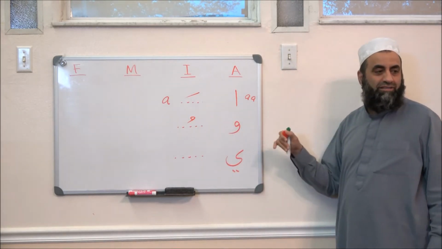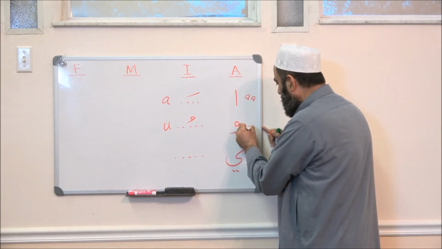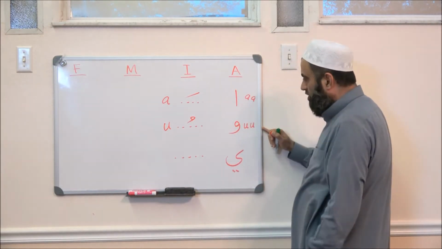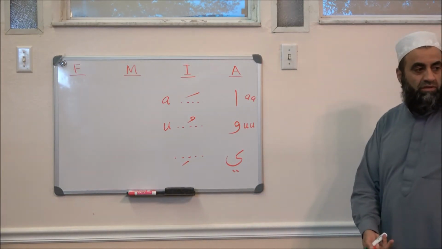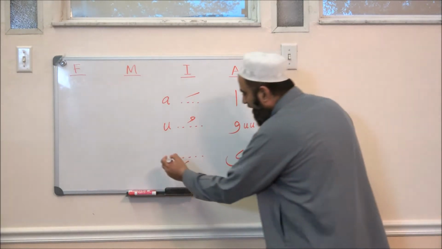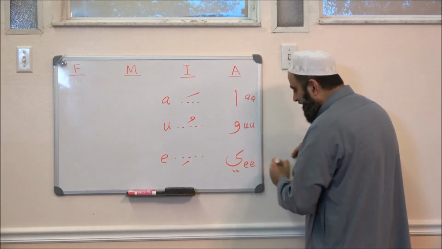You know, the daughter looks like its mother. This sounds like ooh. So this would be like ooh. And this one is an accent below the letter. Sounds like E or E. And this one would be like E.